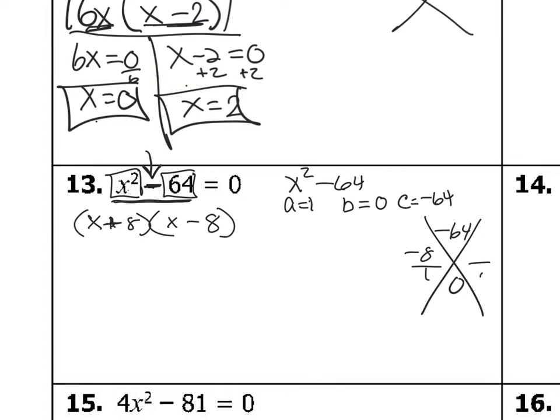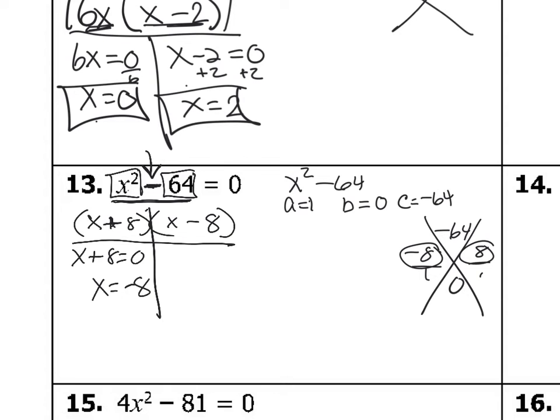Well, that would be negative 8 and 8, right? So we have x plus 8 and x minus 8. So we're going to set those to 0. So x plus 8 equals 0 gives x equals negative 8, and then x minus 8 equals 0, x equals positive 8.